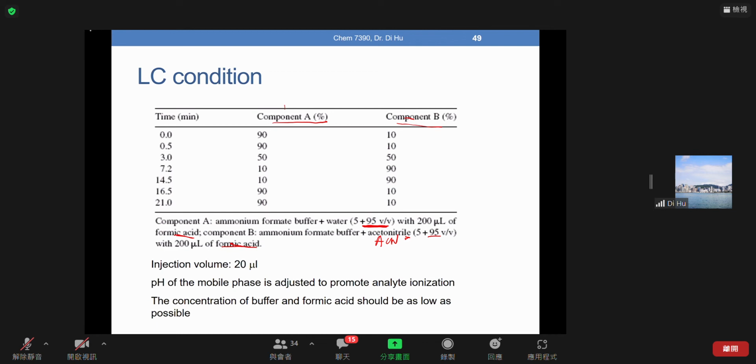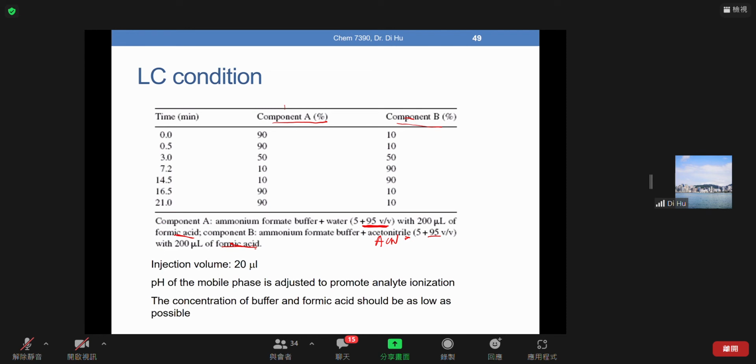Formic acid is easy to evaporate, so just add a small portion, as low as possible, normally about 0.1%. It is easy to evaporate and can favor ion production, even with a high percentage of organic solvent. Okay, so this is good for that.